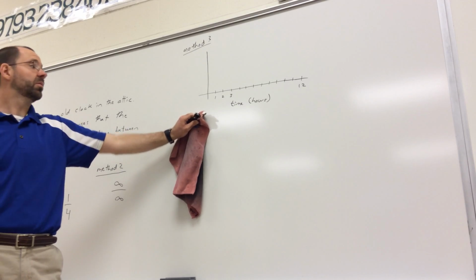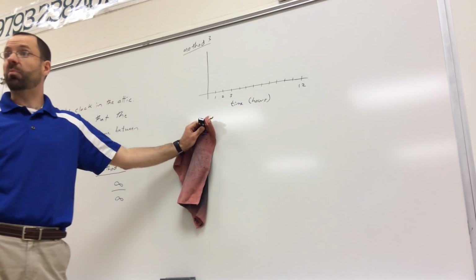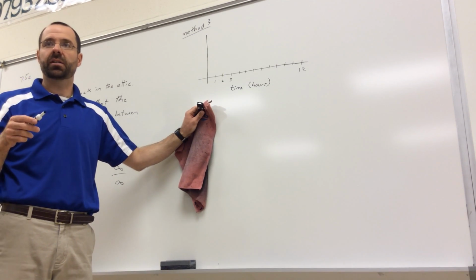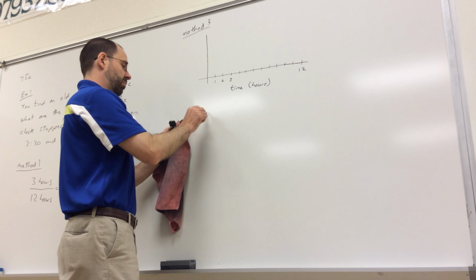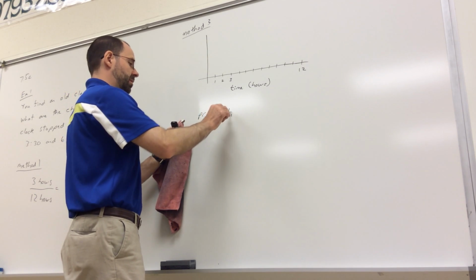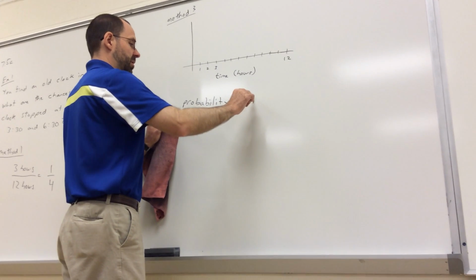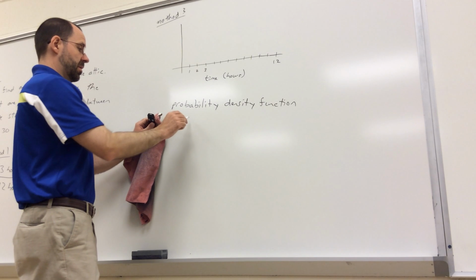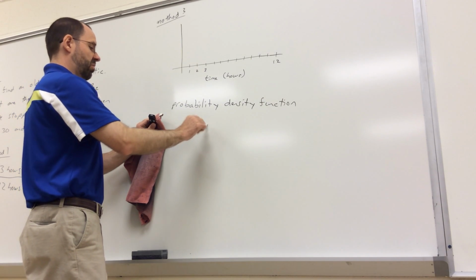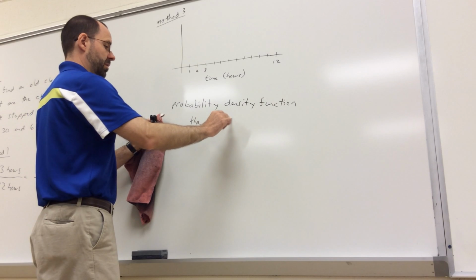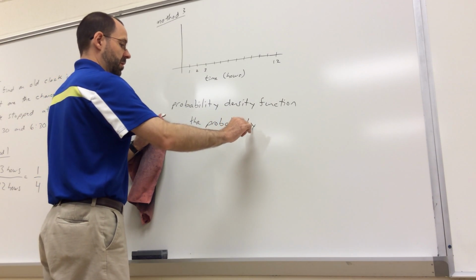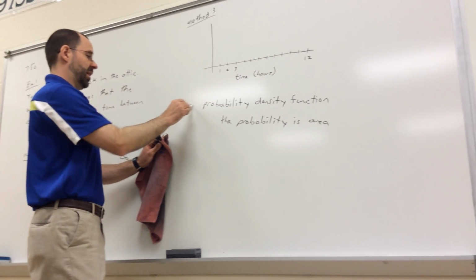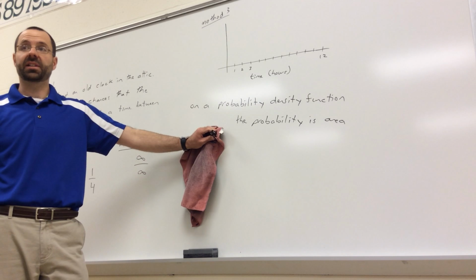Okay, now what we're supposed to do here is make, on a probability density function, the chances are area. Okay, so on a probability density function, the probability is area.